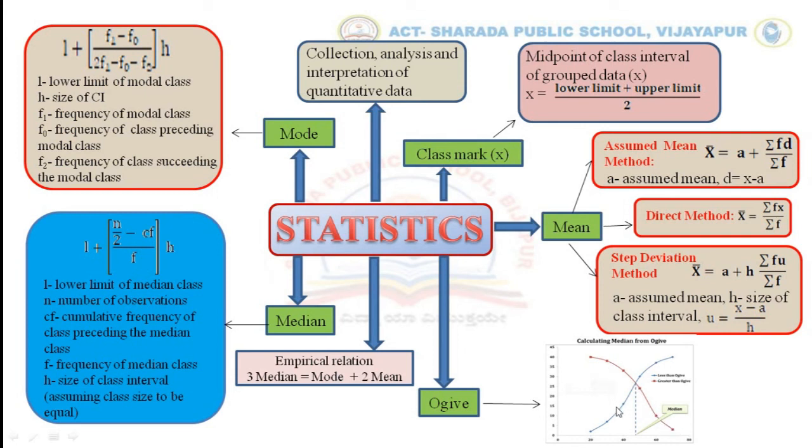And these two curves, less than ogive and more than ogive, intersect at only one point, and this point gives the median. That point gives the median, and that also gives in which class interval it lies. So in this way, by the graphical method, we can find the median of the particular grouped data, which is represented as ogive.